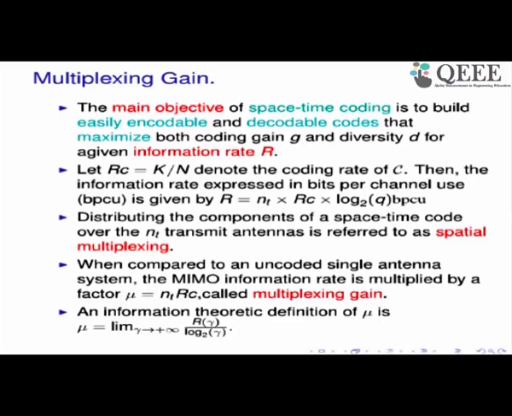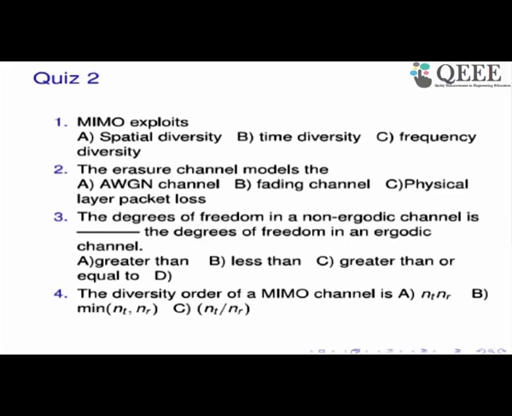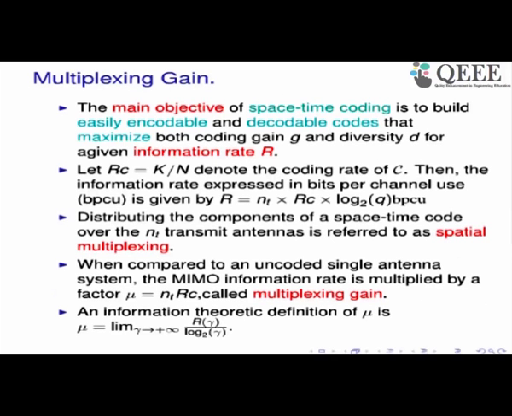This basically tells us the number of independent streams that we are going to transmit on the MIMO. So there are two terms of the code that are unique. One is the multiplexing gain, and the previous ones we have seen are the diversity gain and the coding gain. Remember, we have linked diversity gain to degrees of freedom. That's an important concept.